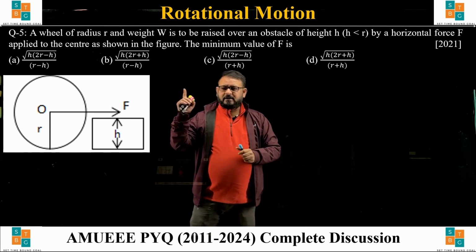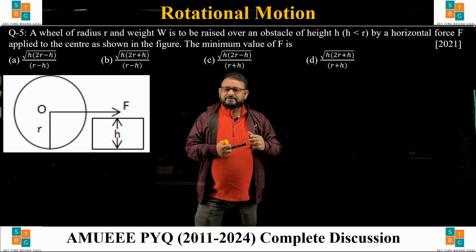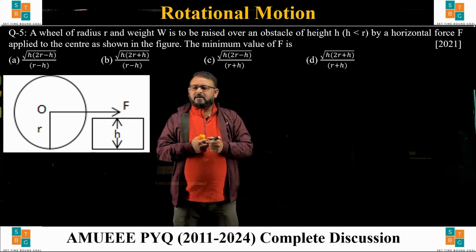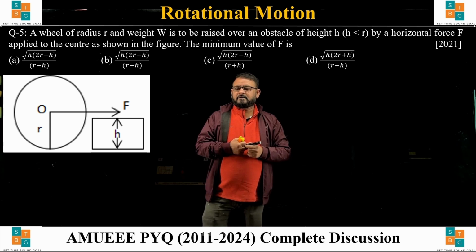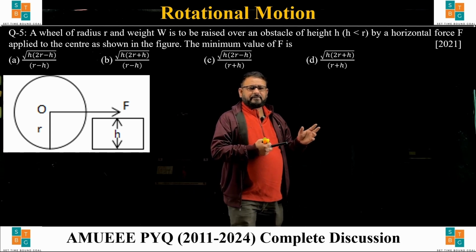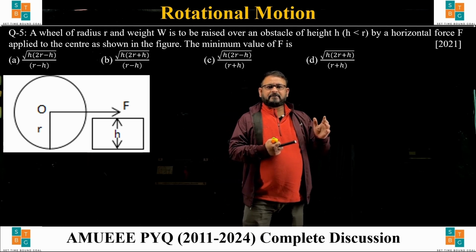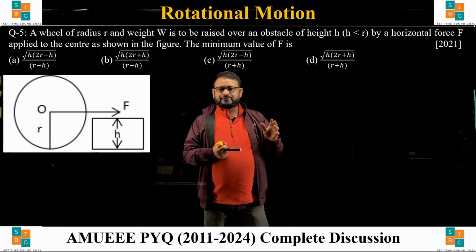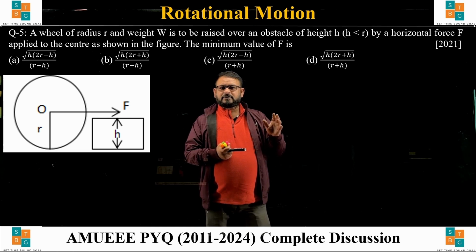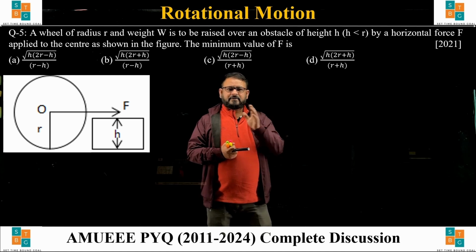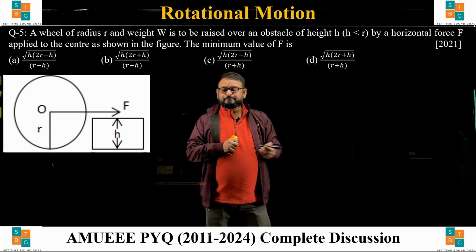Here we have to see how to make this thing move up, so we have to consider torque balance. There is a wheel of radius r with a weight W to be raised over an obstacle of height h by a horizontal force F applied as in the figure. The minimum value of F is given by these 4 options.